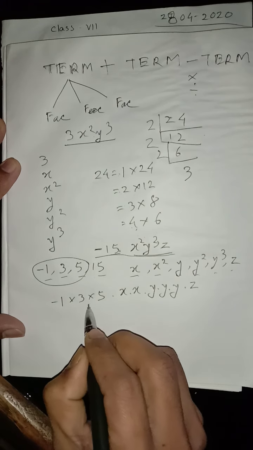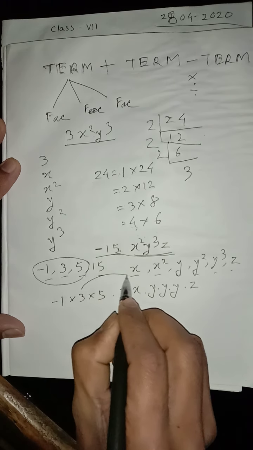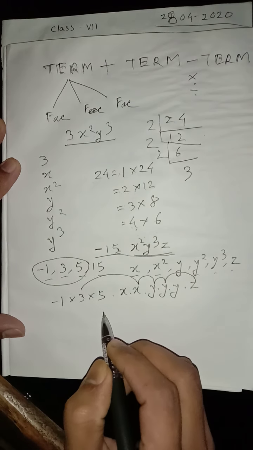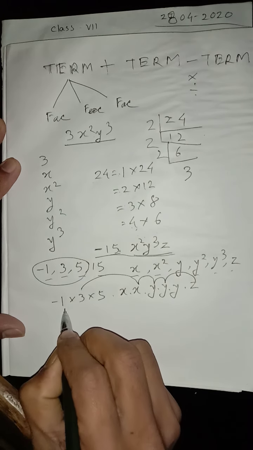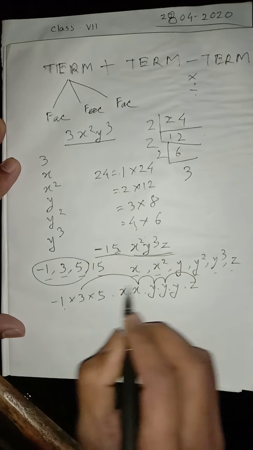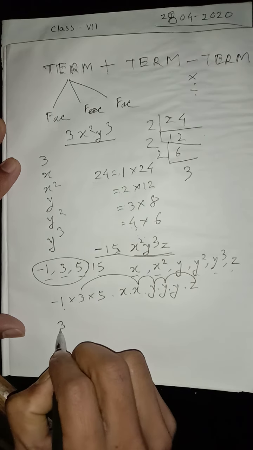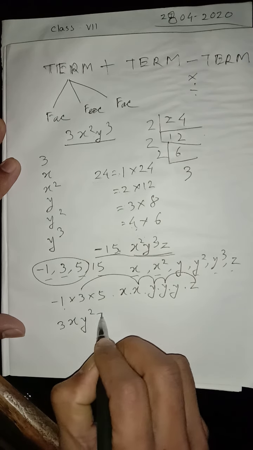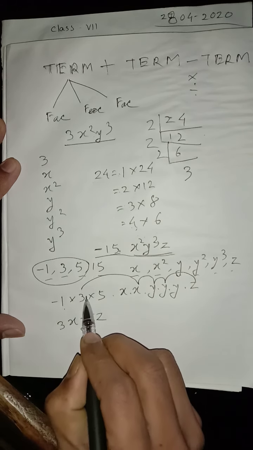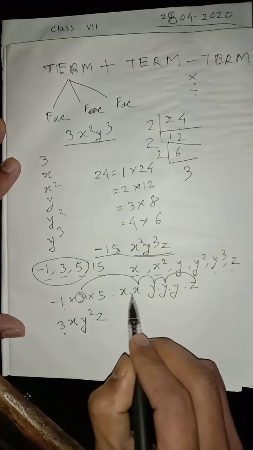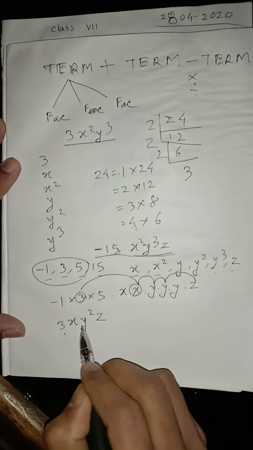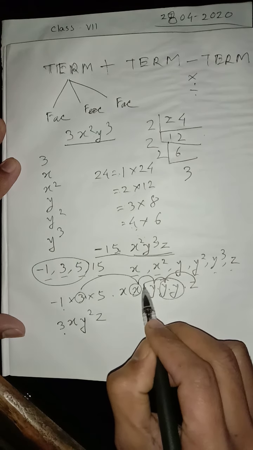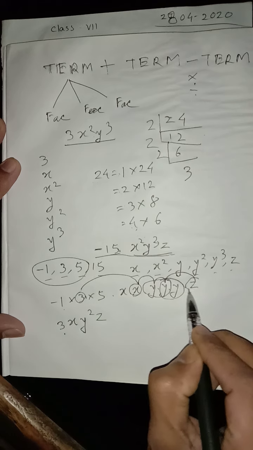Suppose these things are combined together: 3 multiplied by x multiplied by y 2 times and multiplied by z. This 3, this x, these 2 times y, and this 1 time z are combined here.